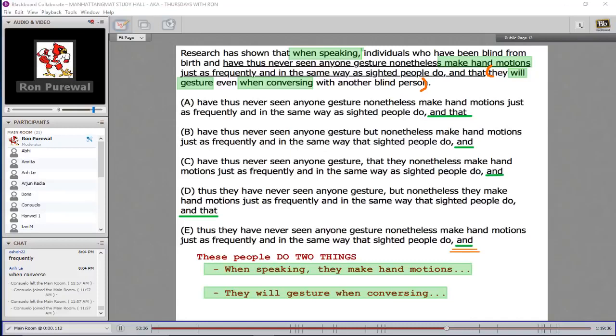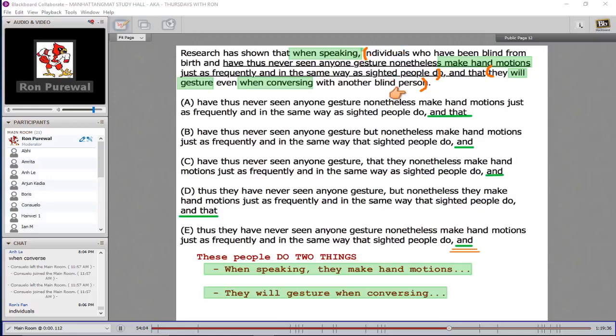Where does the first parallel structure start? Yeah, it's going to start with individuals. That's a problem because when speaking is excluded from that. And so then you get nonsense. Because this is not something that is generically true.